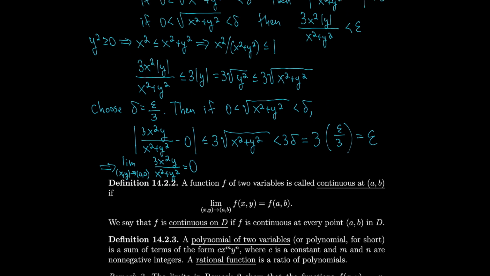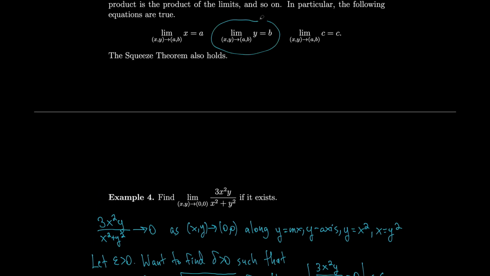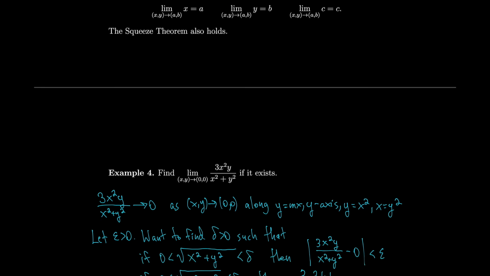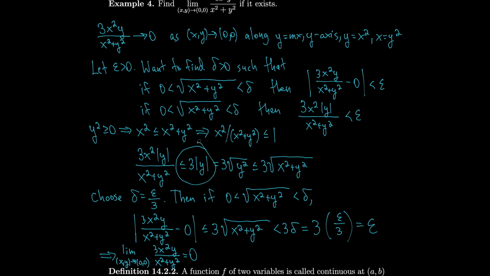By the way, if we go back to remark 2 for a second, notice we said the limit of y was b. So in fact, what we could say over here, instead of going through our epsilon-delta proof, was after we got to this point, the limit of 3 times the absolute value of y as (x, y) approaches (0, 0) is equal to 0.